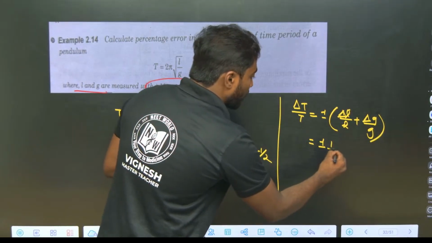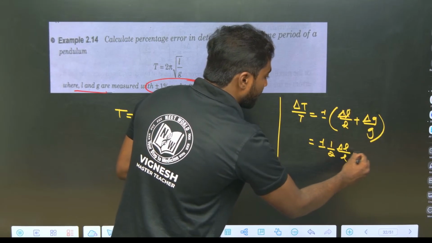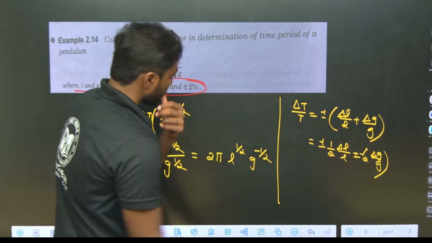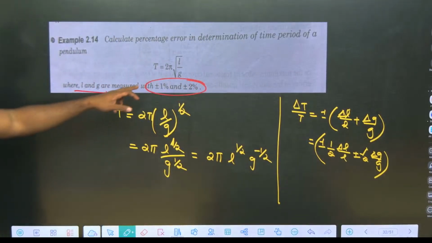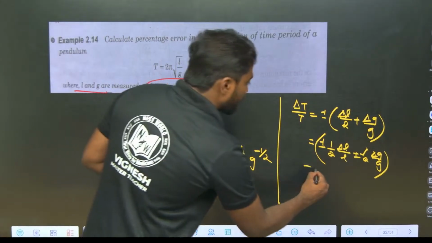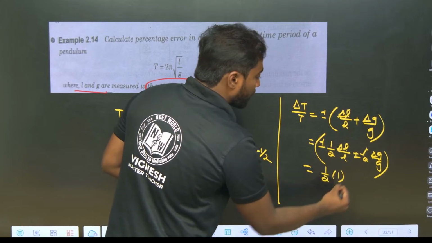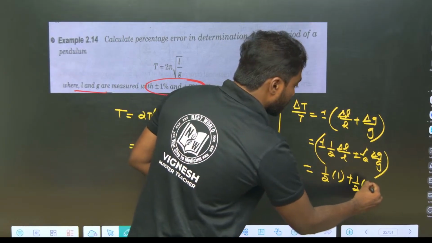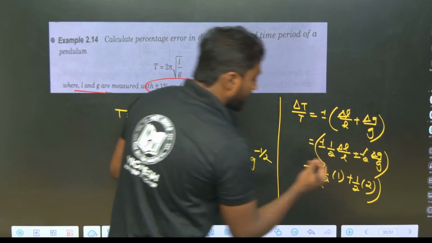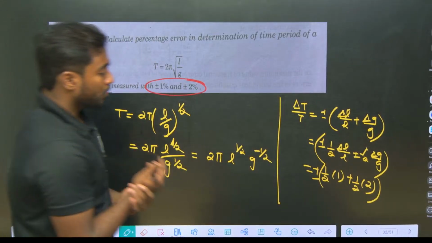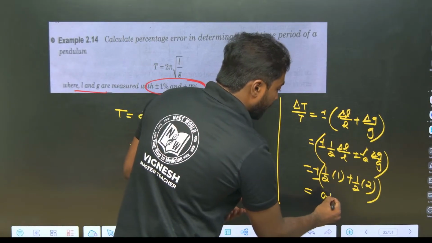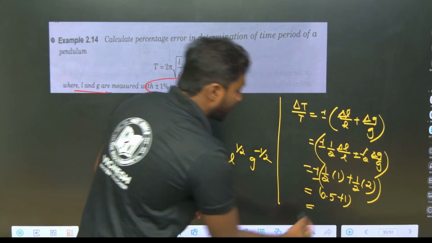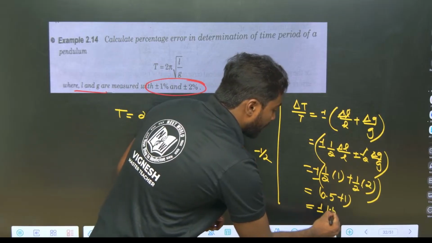Plus or minus 1 by 2 into delta L by L plus or minus 1 by 2 into delta G by G. Right? So what is the percentage given? 1 and 2. So multiply that. 1 by 2 into 1 plus 1 by 2 into 2. This is totally plus or minus, no? Right. So how much is it? 0.5 plus how much? 2 and 2 will get cancelled, 1. So how much is the final answer? 1.5. Plus or minus 1.5%.